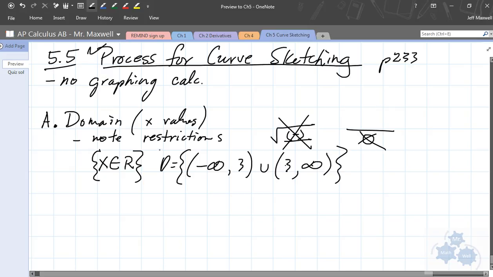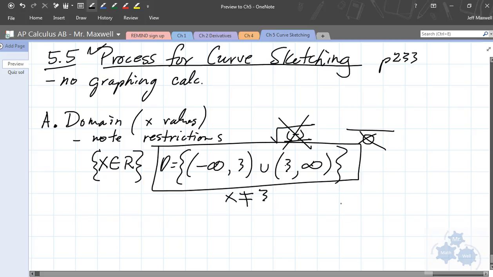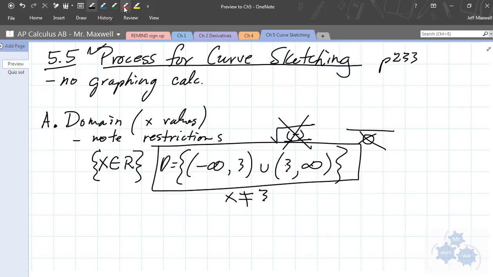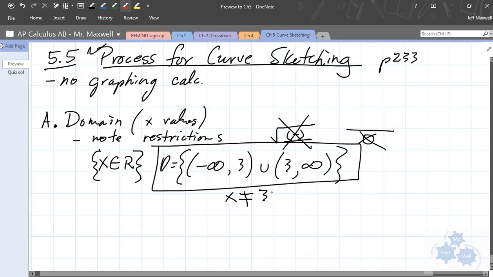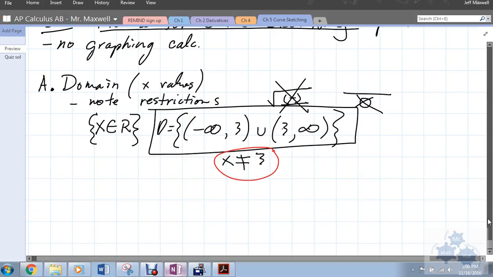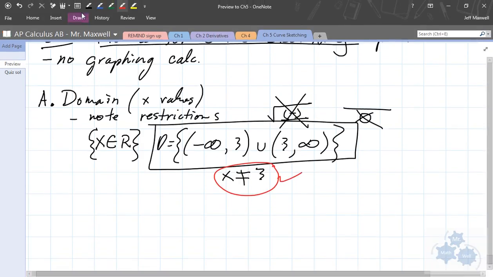That's the technical way of expressing that x cannot equal 3. Am I okay with you saying the domain is all real numbers except x cannot equal 3? Yeah, I'm okay with that, just as long as you understand that and are able to communicate that, this is fine. Okay, so A is domain.